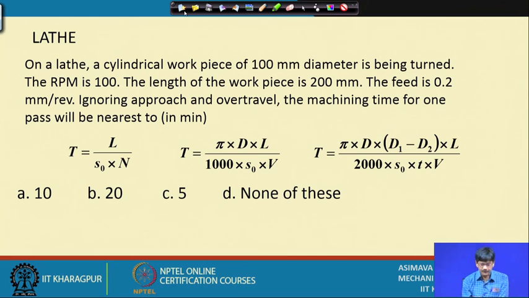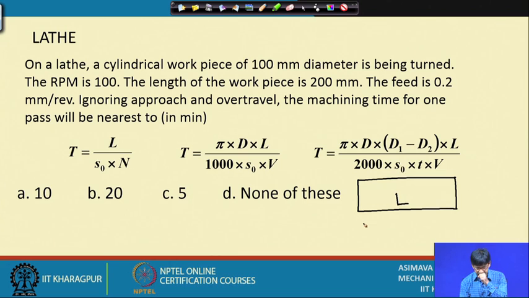First of all, what is the length of the job? Say the length of the job is L. We are covering it by the feed motion. The feed motion is 0.2 millimeters per revolution of the job. So, per revolution we are eating away 0.2 millimeters. How many revolutions would we need in order to eat away L?